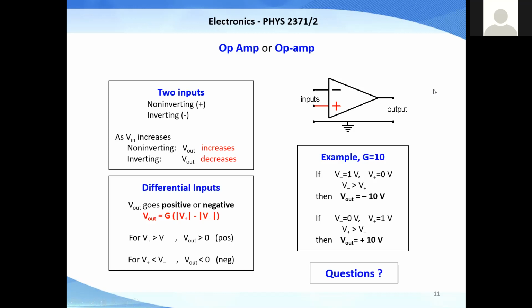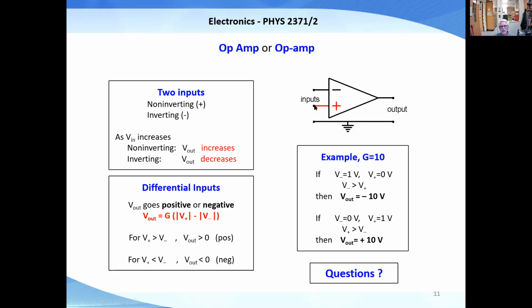What's the significance of the ground on the diagram? All the voltages we measure are relative to ground. The 2 power supplies you put in, plus and minus, are relative to ground, and the inputs are relative to ground.